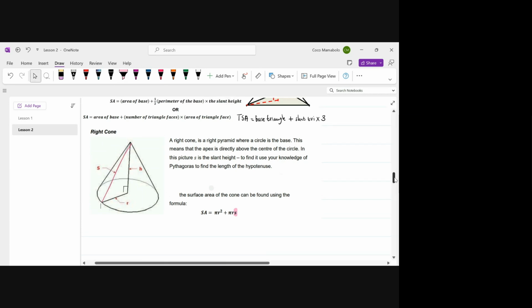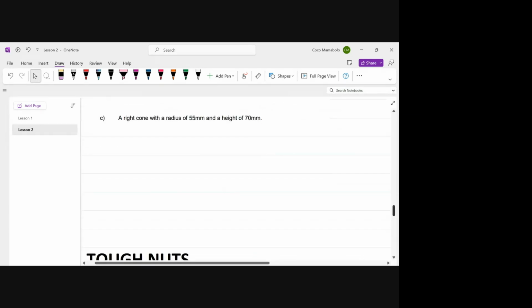Okay, so again, let's get to drawing, grade 10s. I know that my base shape is a circle, which is easy. And then I'm going to get an apex. Now they're saying the right cone has a radius of 55 millimeters.